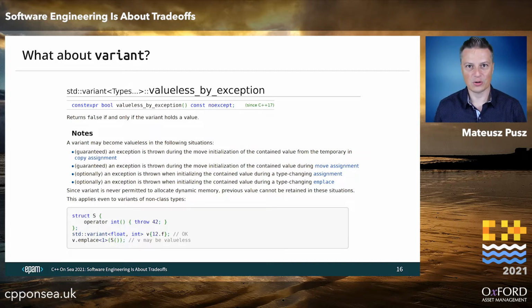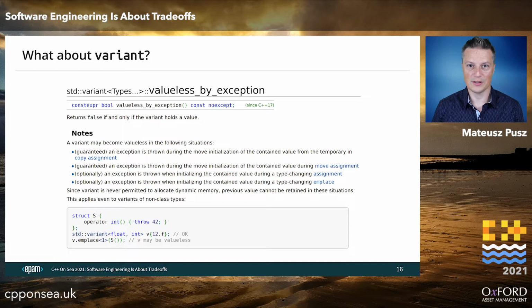Basically, variant always stores one of the alternatives. However, if you have two alternatives and you are on alternative A and you want to switch to alternative B, in order to do this, first you have to destroy A, right? And then during initialization, creation of the alternative B, an exception is thrown. You cannot provide the exception guarantee easily, right?